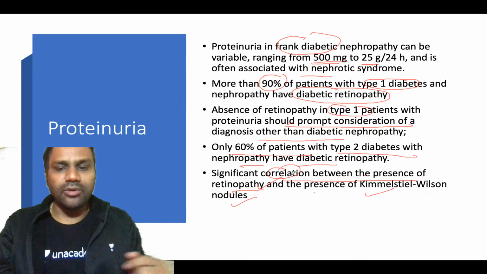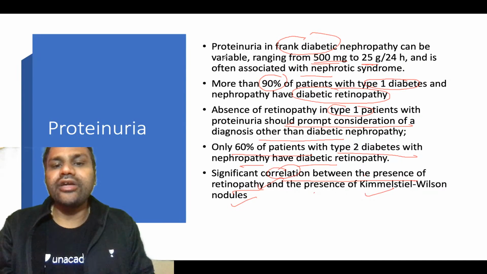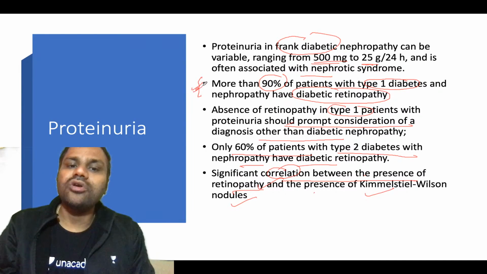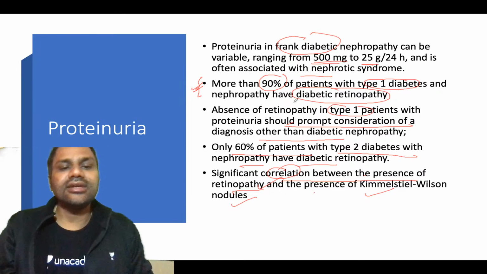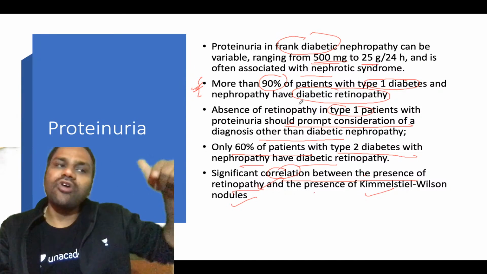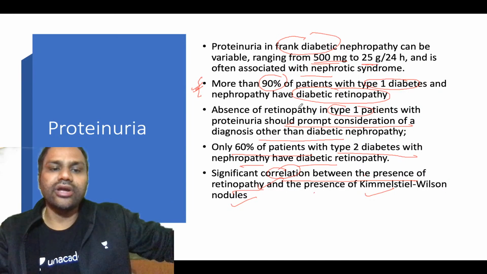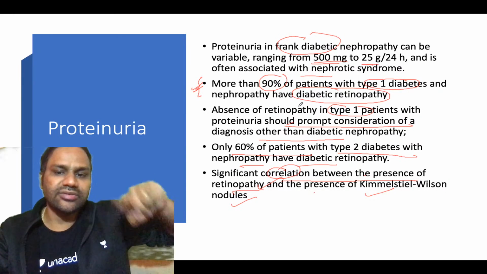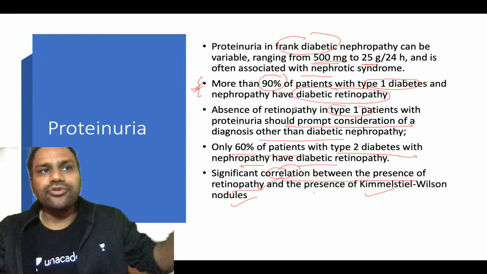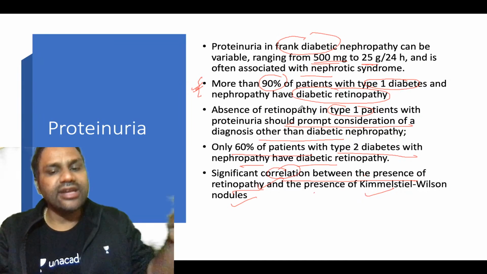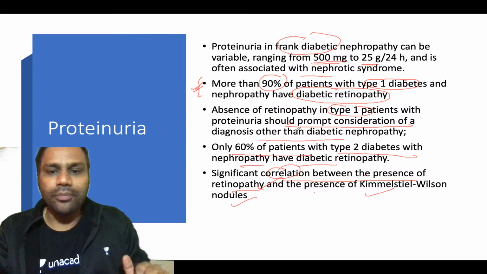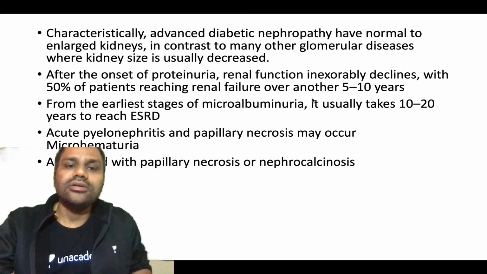So this is what you need to remember about proteinuria: type 1 with nephropathy has more chances of diabetic retinopathy, while type 2 with diabetic nephropathy has fewer chances of diabetic retinopathy.